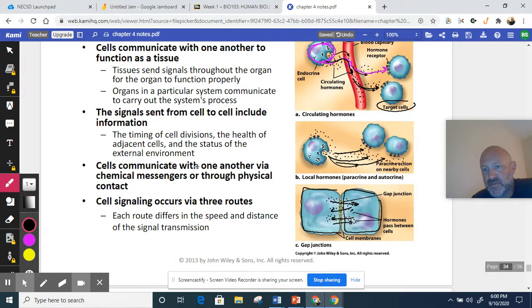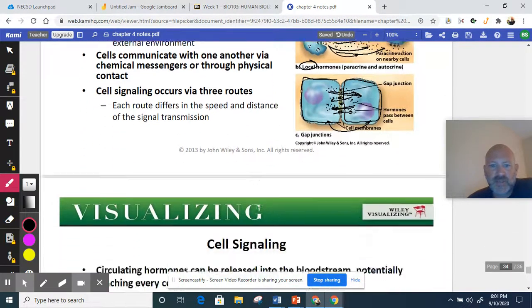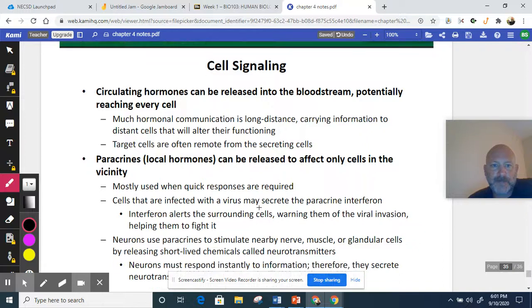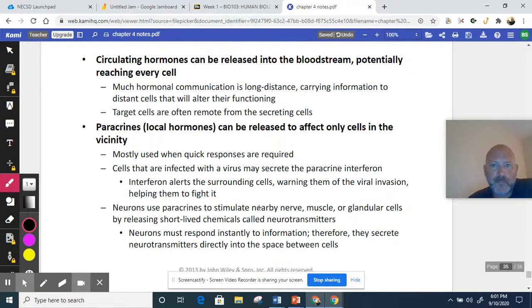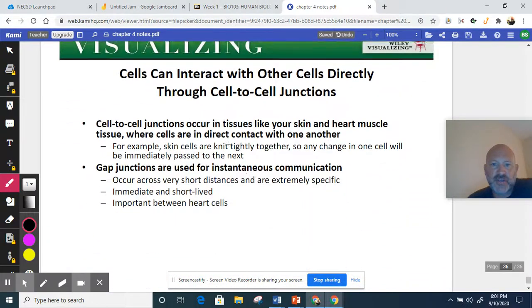All right, so these cells could communicate because they're neighboring cells. There's little tunnels here that allow these chemical messages to go back and forth. So there's three different ways: circulating through the circulatory system, local hormones, and then gap junctions. And this is just kind of saying what I already just said.